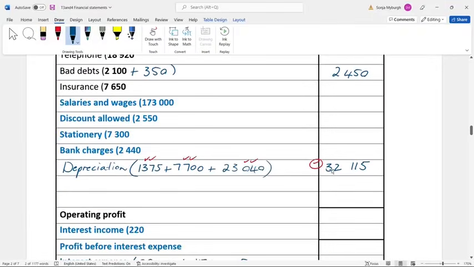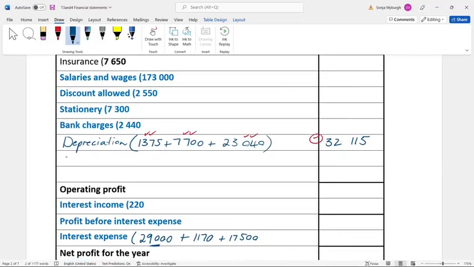We know there's going to be a trading stock deficit. The amount given on the pre-adjustment trial balance, 43,400. We know we must subtract what we've counted, the 35,800.